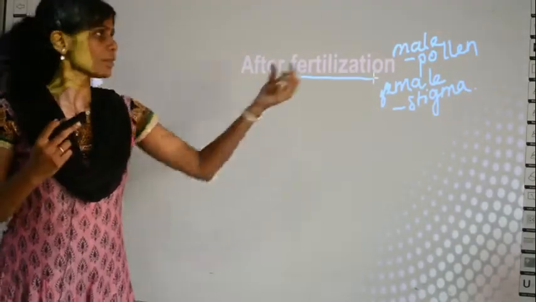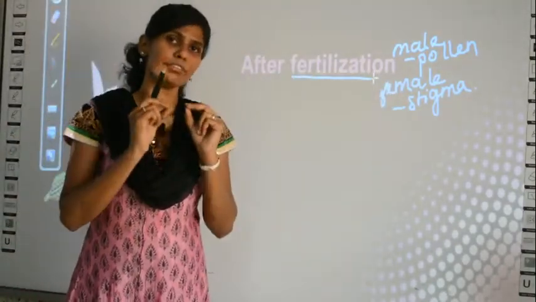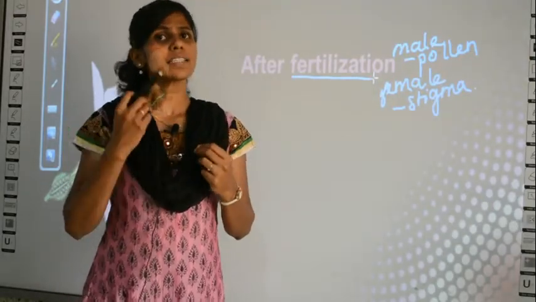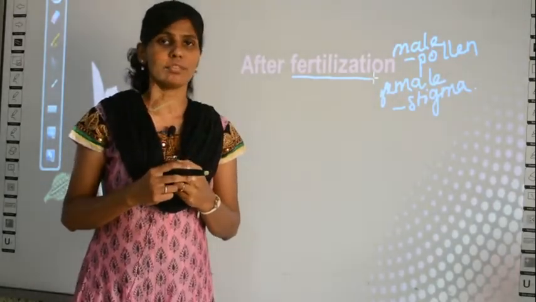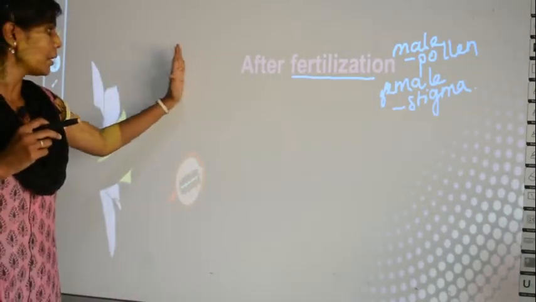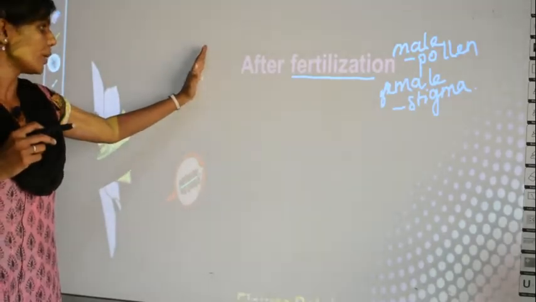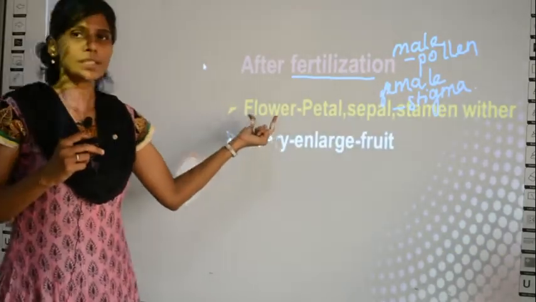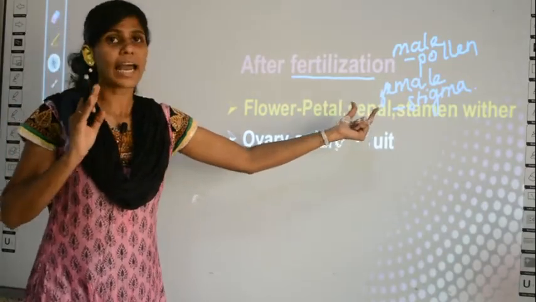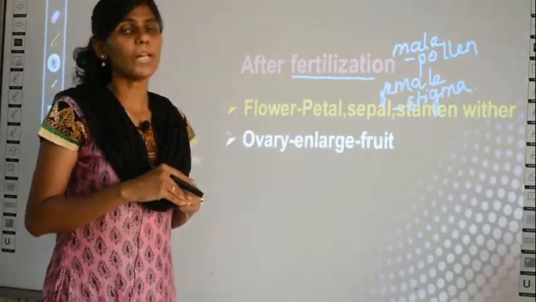After the male pollen and female stigma fuse together, that is after the fertilization process, there are some changes happening in the flower. What are those changes? Many parts of the flower will wither. The flower's petal, sepal and stamen will wither.